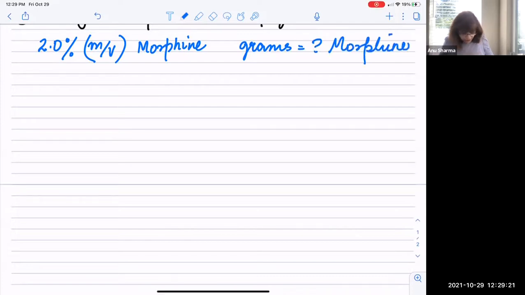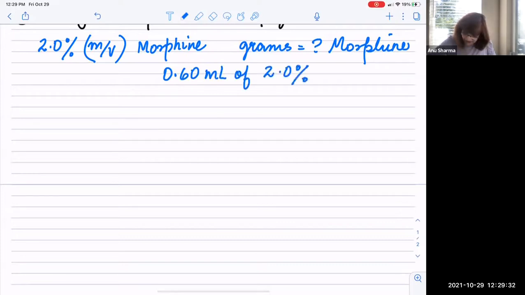How many grams of morphine does a patient receive if 0.60 milliliters of 2.0% mass by volume morphine solution was ordered?